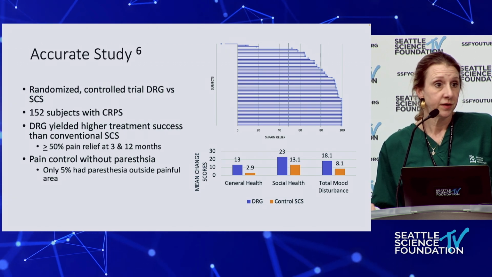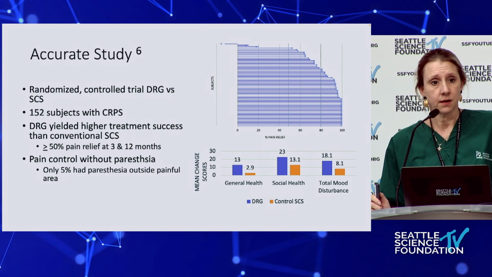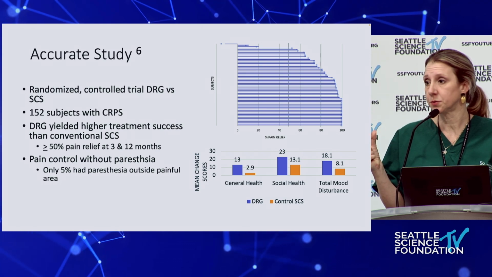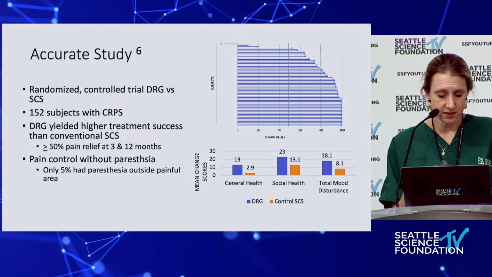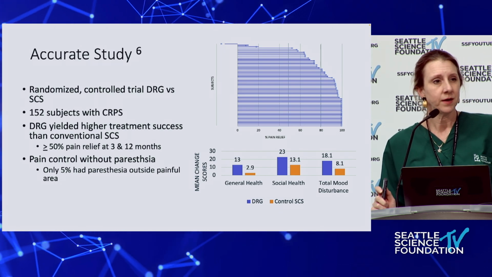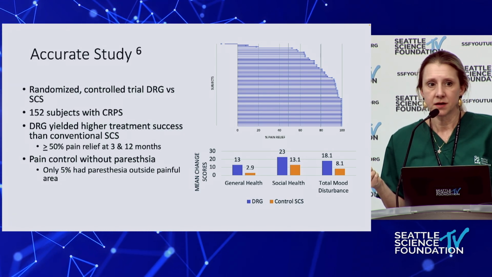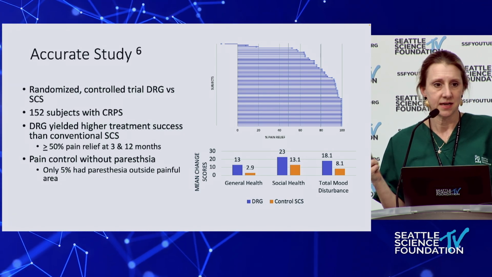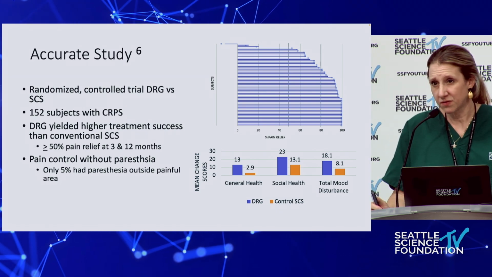Only 5%, so a very small number of patients, had any A delta stimulation in the ranges of frequency and amplitude at which the patients found pain relief. And as you can see, there were improvements in general health and social health. Sometimes it can be hard to differentiate all of the SCS and neuromodulation studies because for the most part, many of them look very similar.